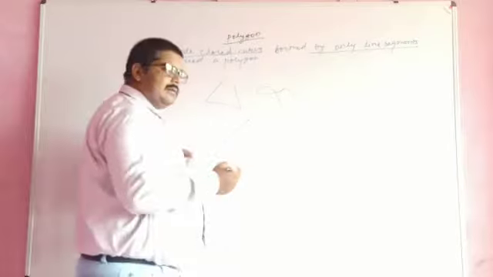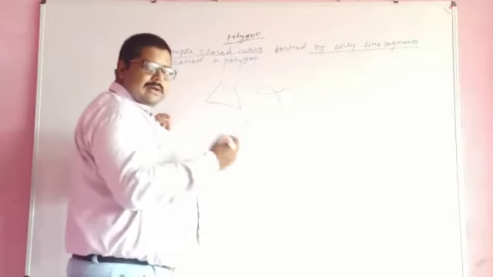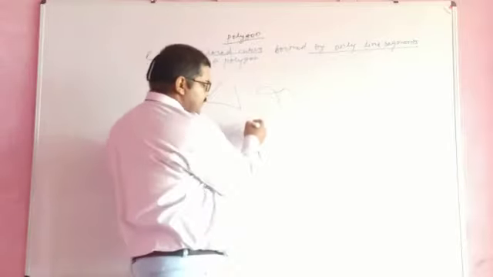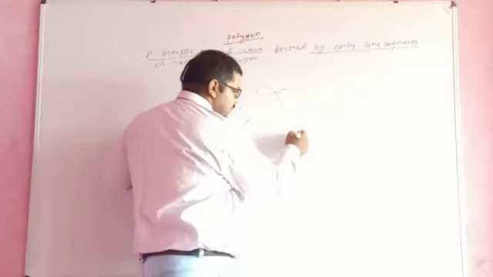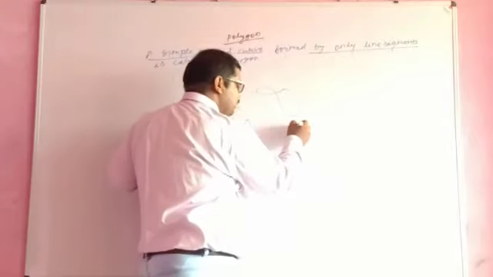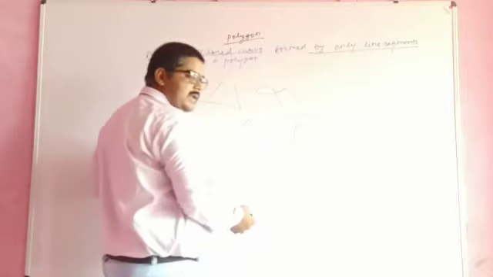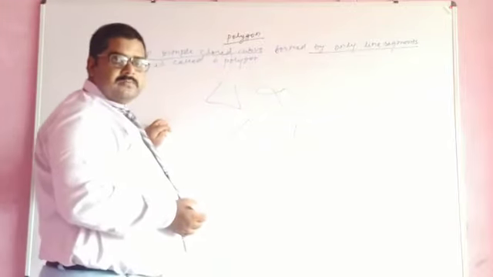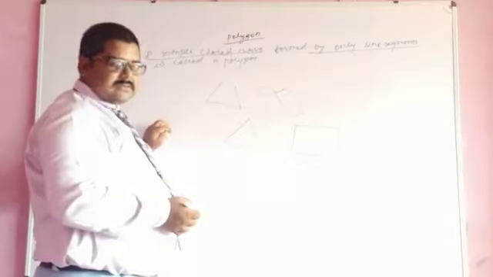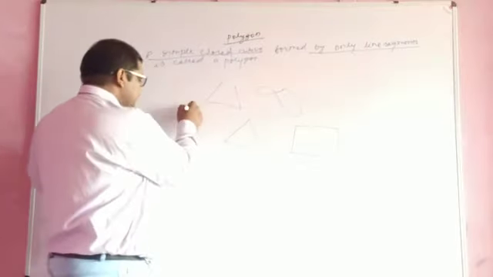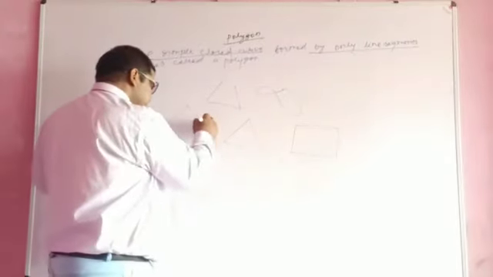I will discuss regular and irregular polygons in the next video. Whatever, this is a polygon. This one is also a polygon because it is a simple closed figure made up of line segments only. Similarly, you can draw such figures.